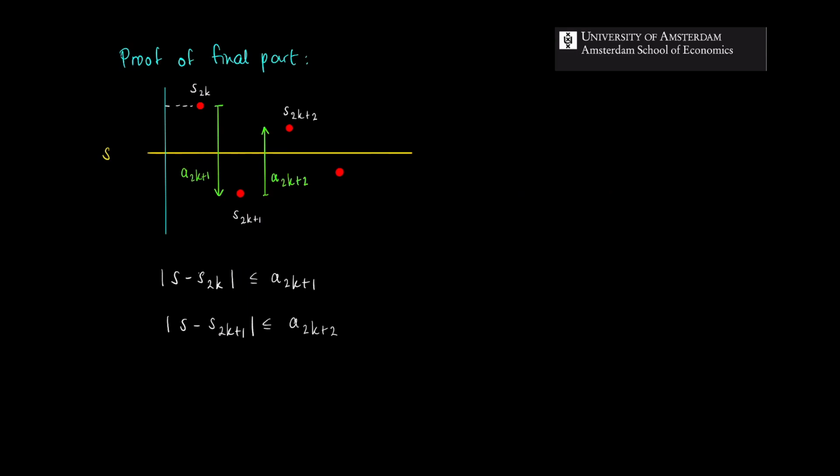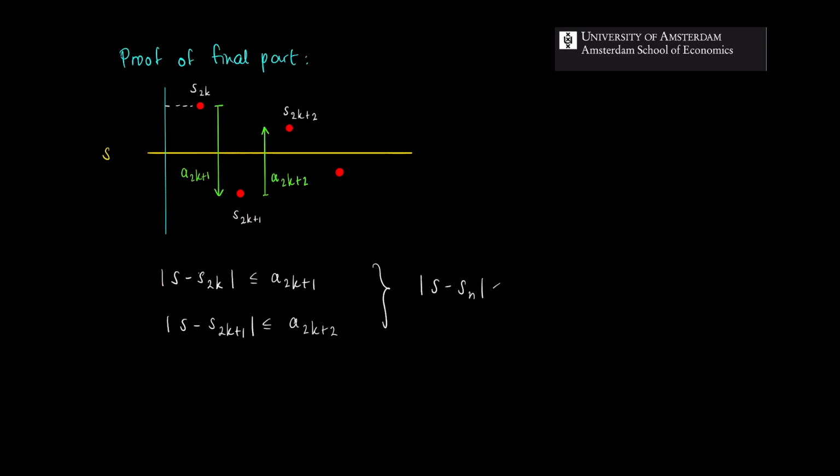So both if we compare S with a partial sum with an even index, the absolute value of the difference is smaller or equal than the consecutive term in the sequence an. And we also see the same thing for odd indices, right? So the absolute value of S minus S2k plus 1 is smaller or equal than a consecutive term in the sequence an, which is a2k plus 2.